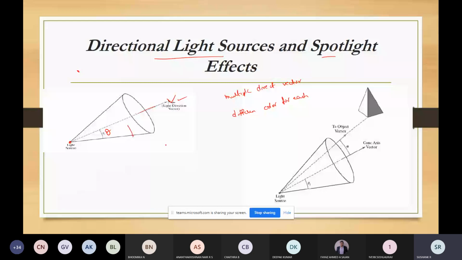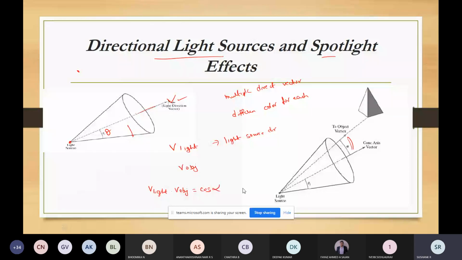So if we take V light as a unit vector in the light source direction, and V object as the unit vector in the direction from the light to the object position, then the product of V light and V object will be the cosine of the angle.